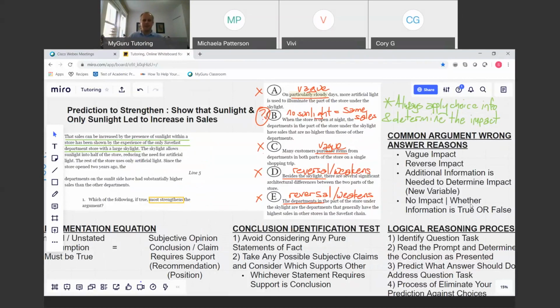So you always have to think, if you're going to say this is completely, quote unquote, out of scope, which is probably my least favorite reason to eliminate, that you apply the information both in the affirmative and the negative to make sure that it truly has no impact. Because you don't want to just pick a choice that vaguely sounds relevant, which is probably why folks picked A to start, because you're like, cloudy, well, that has to do with sun. Got to apply the information in order to be certain of the proper impact on your argument.